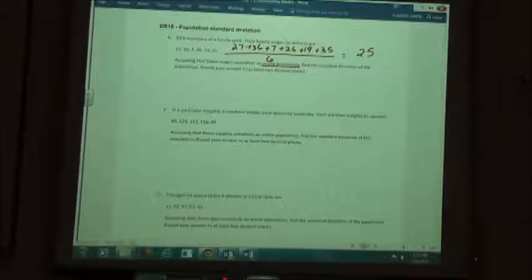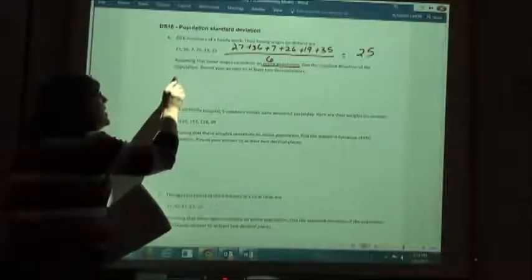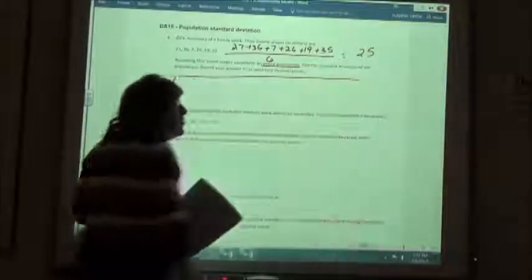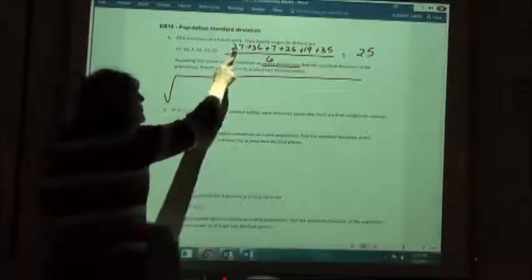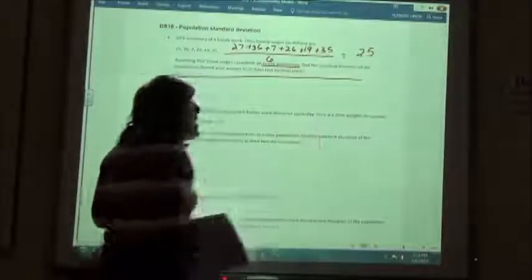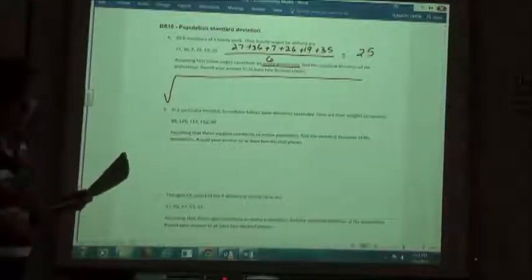So now I'm going to use my formula for the population standard deviation, and it's going to look really weird and long. We are going to do the square root of, and then what we have to do is take each of these values minus the mean, square it, and add them together.